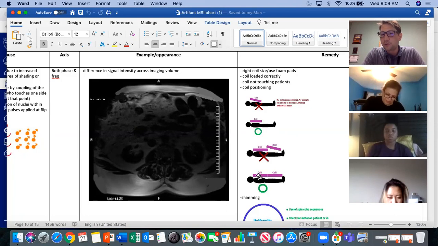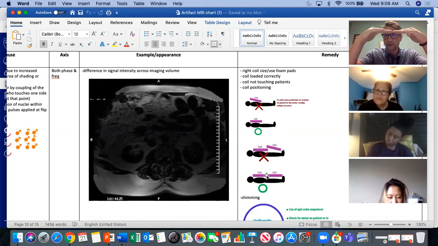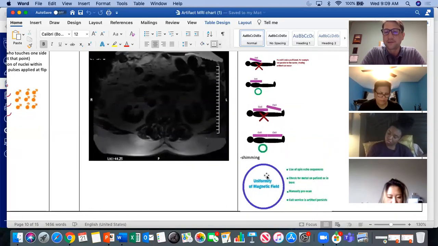Let's put these coils right next to each other. Don't have them touch, be very close, but leave a small little gap, but not so that one is over top of the other like that, because that's going to cause this shading or dielectric artifact. And then it's really important that we shim.